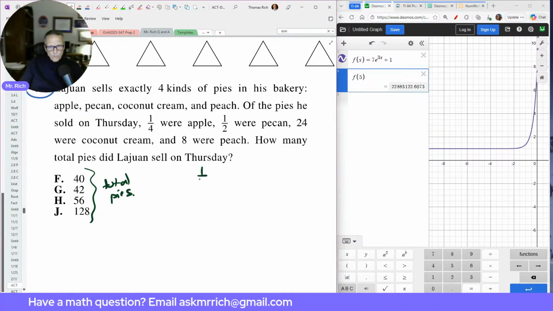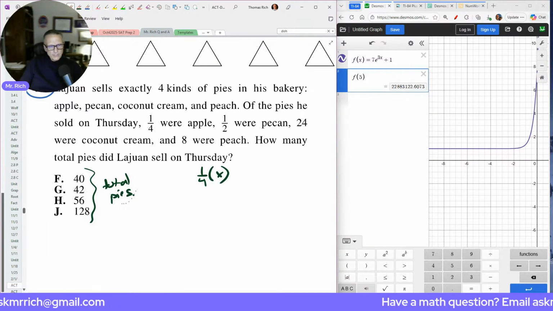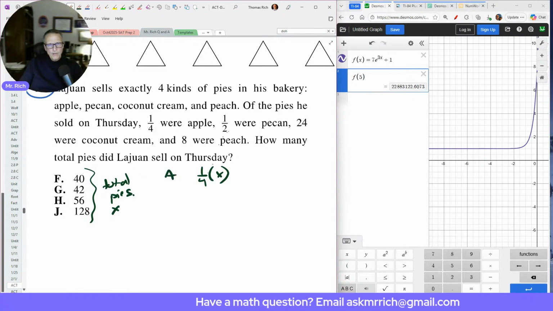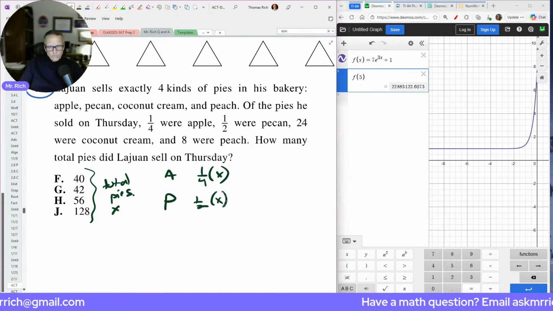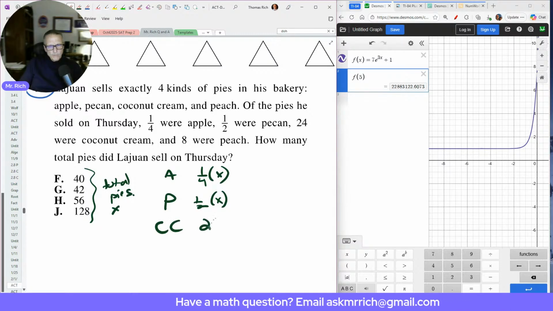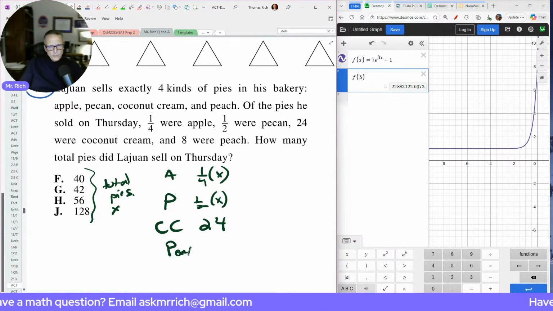So 1/4 times, we'll call it X, these are all X's, total pies, those are going to be the apple pies. 1/2 of them are pecan. But then for coconut cream, there were 24. And then there was peach, which was 8.